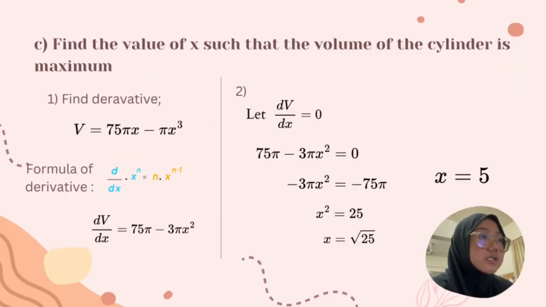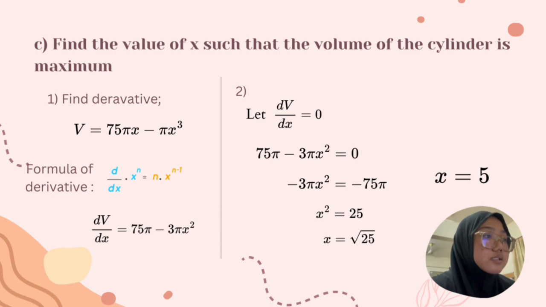For question C, you need to find the value of x such that the volume of the cylinder is maximum. There are 3 steps to answer this question. First of all, you need to find the derivative of the volume of the cylinder, which is V = 75πx − πx³. For 75πx, the x is to the power of 1, so 1 times 75π will be 75π.